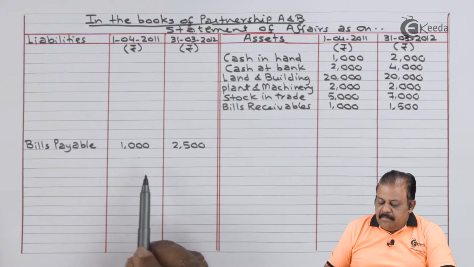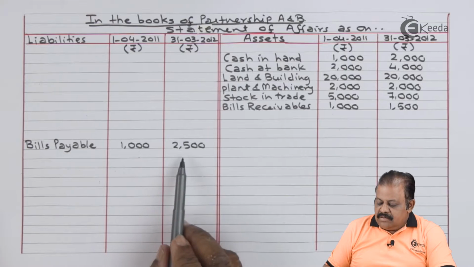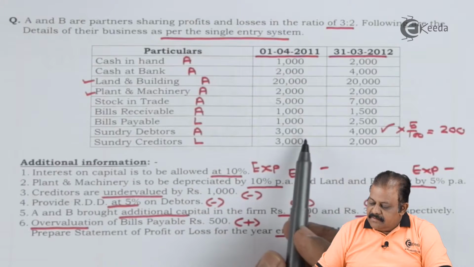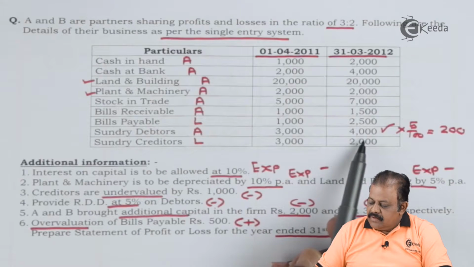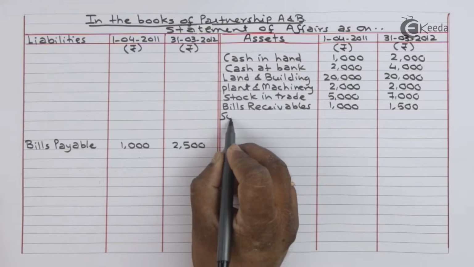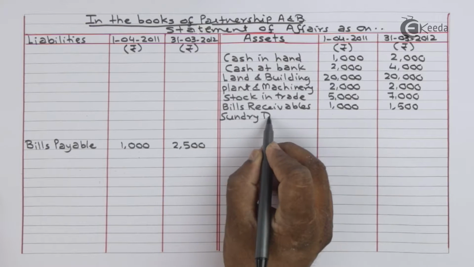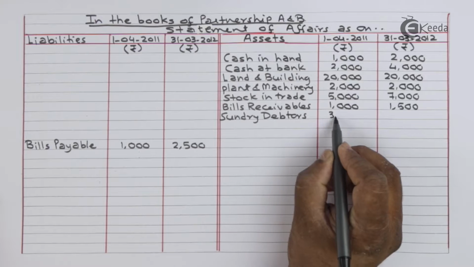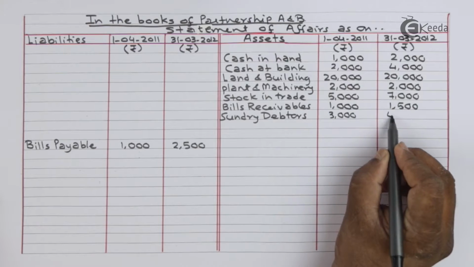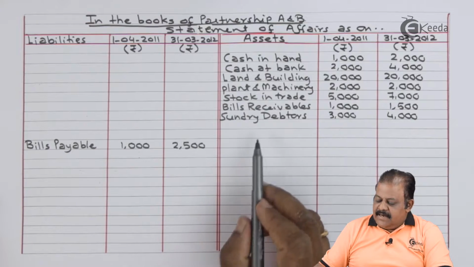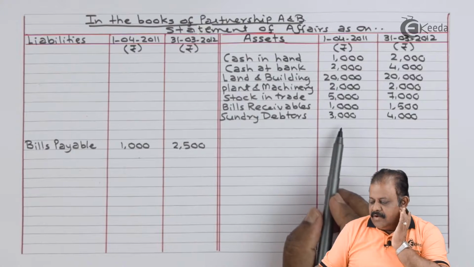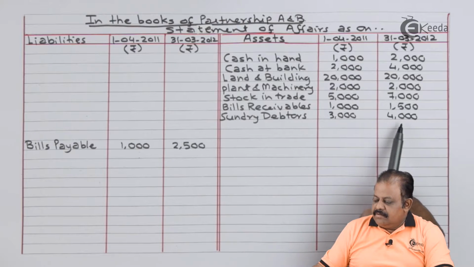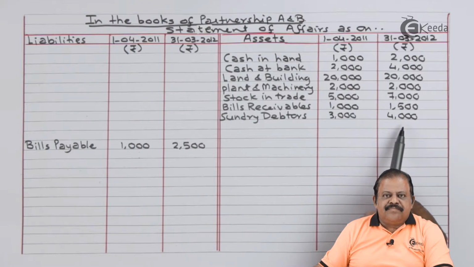Sundry debtors, opening 3,000, closing 4,000.